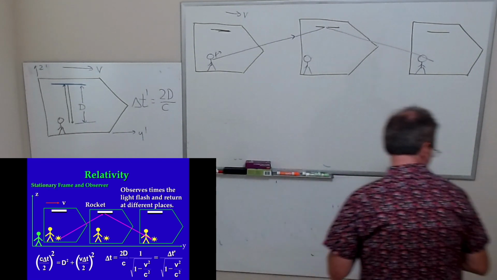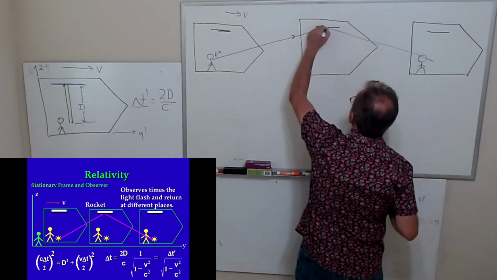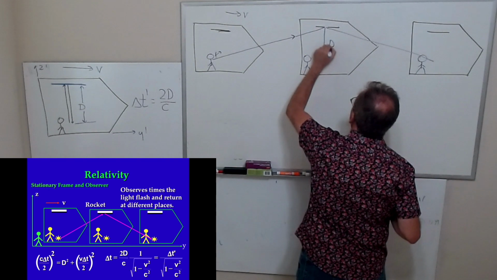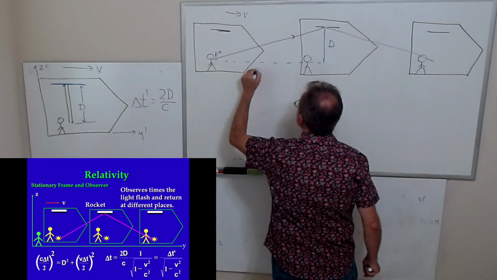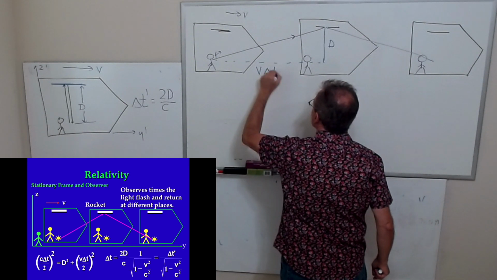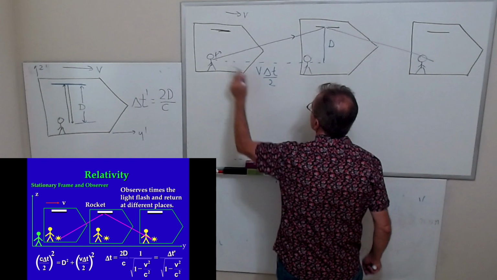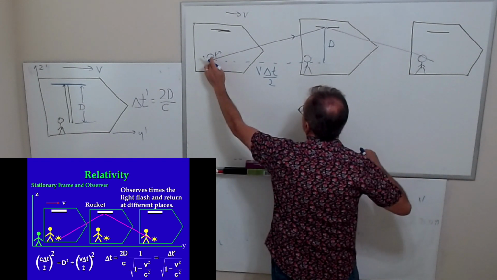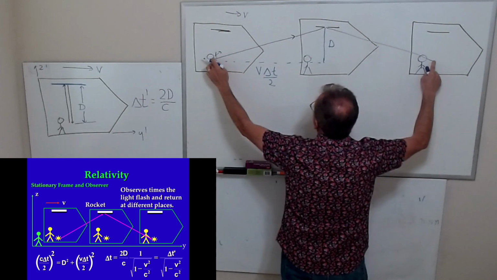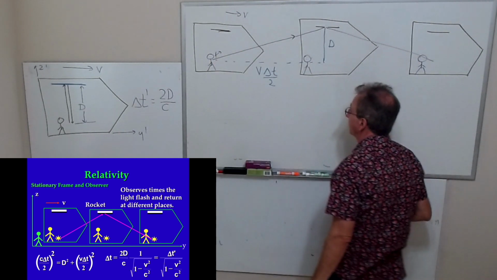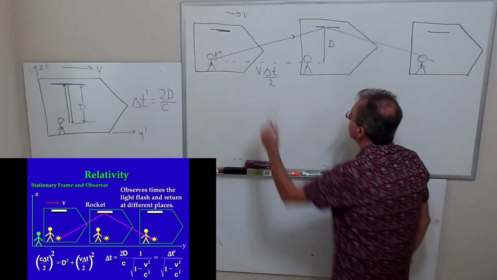Well, first of all, this distance is d. This distance is v times delta t over 2, because if delta t is the time it takes for the light to go from here to here, then the time it takes for the light to go from here to the mirror is half that time. And then this distance.